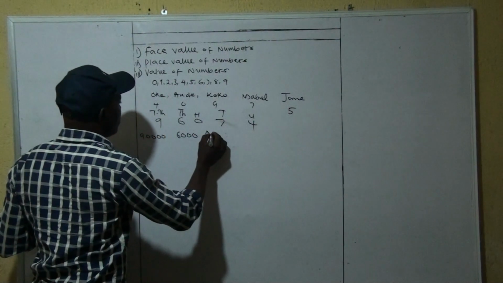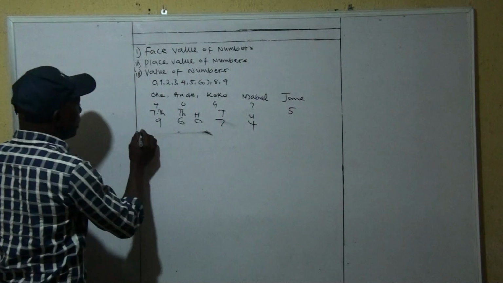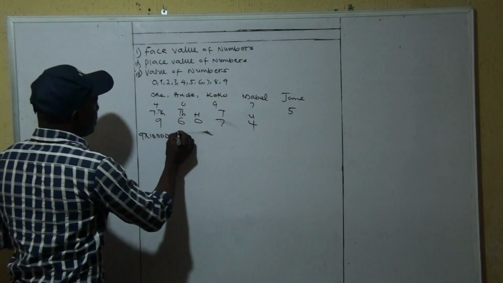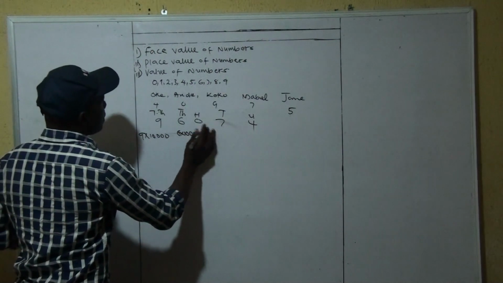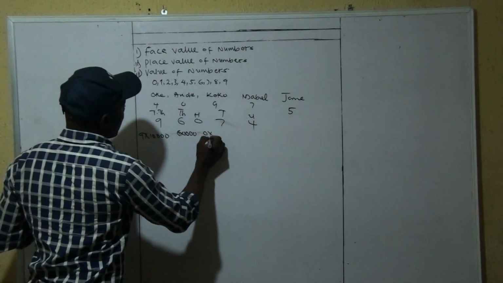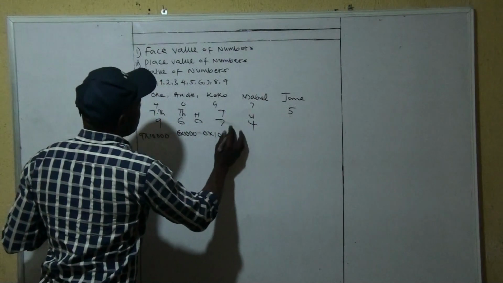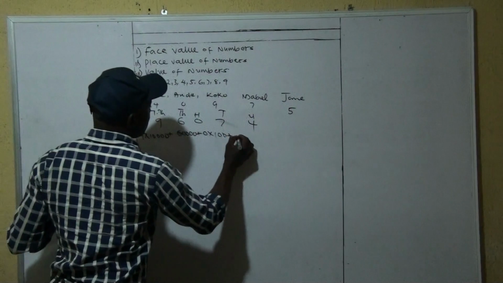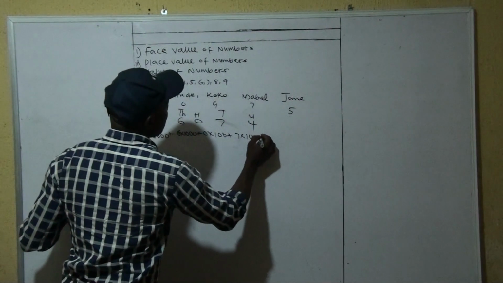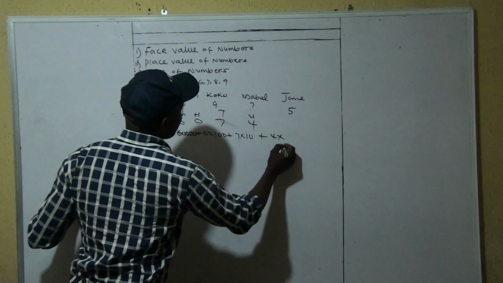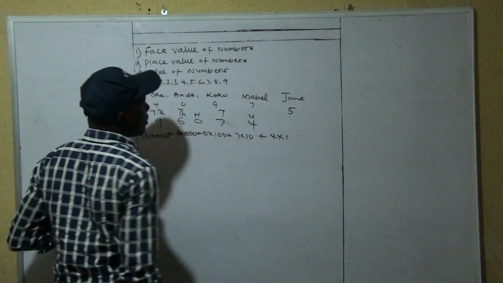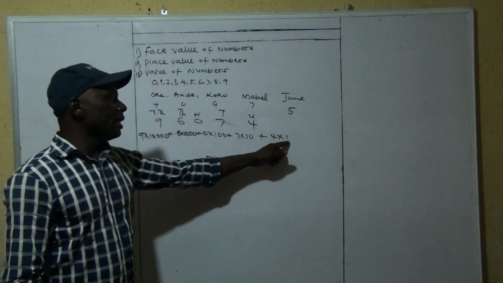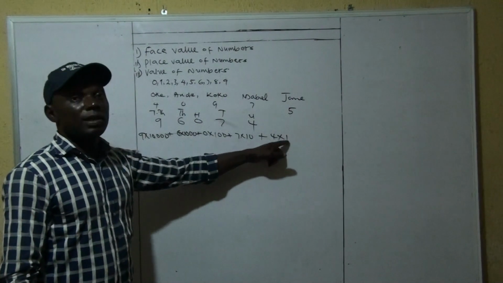Let me write it in this way: 9 times 10,000, 6 times 1,000, 0 times 100, 7 times 10, plus 4 times 1 unit, because this here is supposed to be 10 raised to power 0, and 10 raised to power 0 is 1.